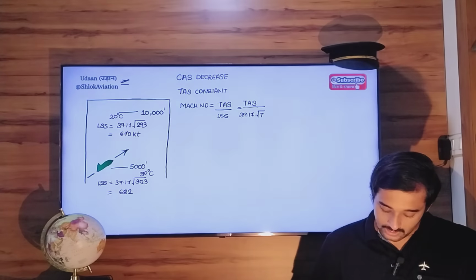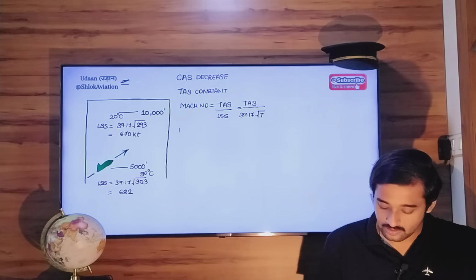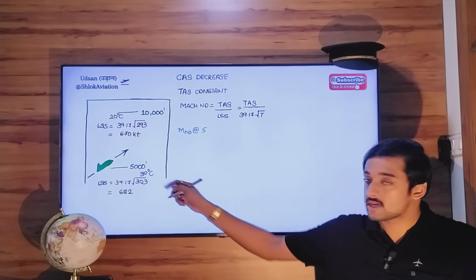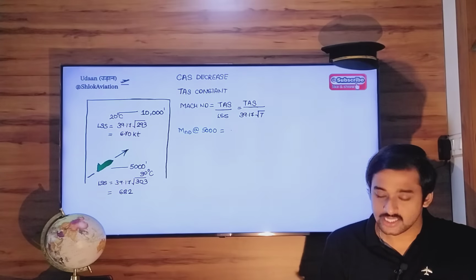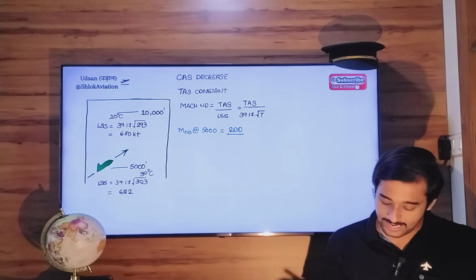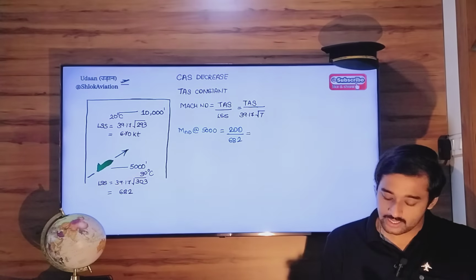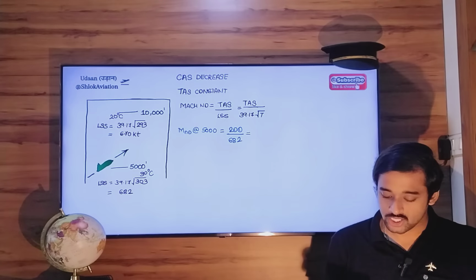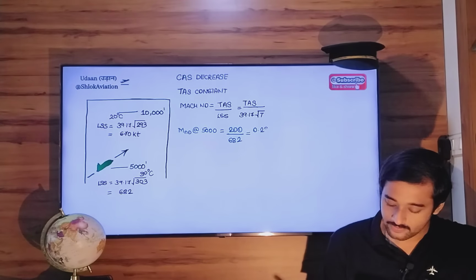The Mach number at 5000 feet will be how much? TAS, let's say TAS is 200 knots. Local speed of sound at 5,000 feet is 682. So 200 as a fraction of 682 is 0.29.